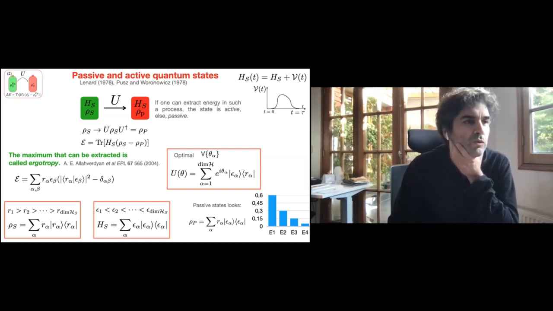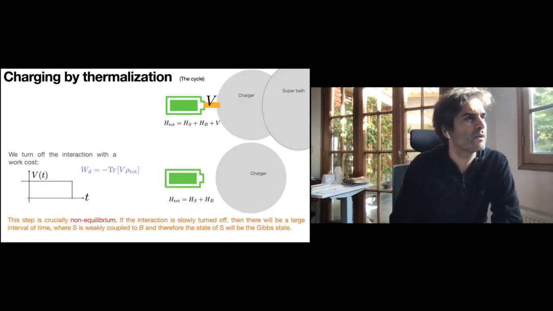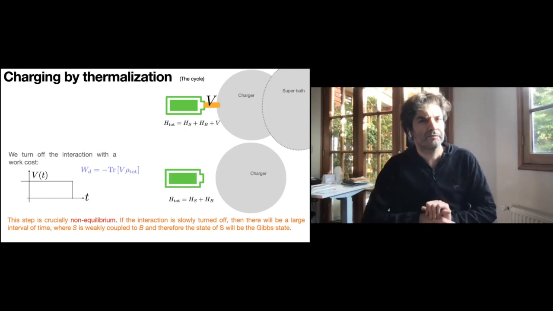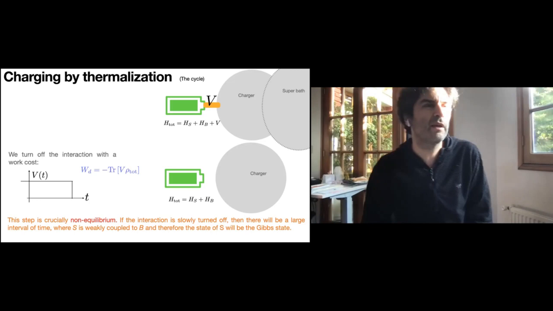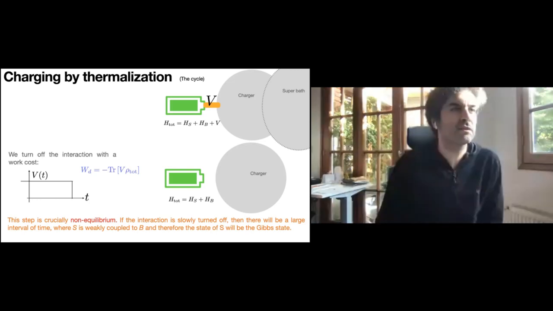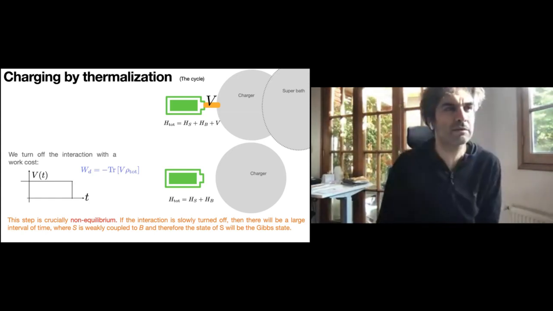And now I want to discuss with a little more detail the cycle that we use. So we have the battery, which is strongly coupled to a bath, but our bath will have two parts.